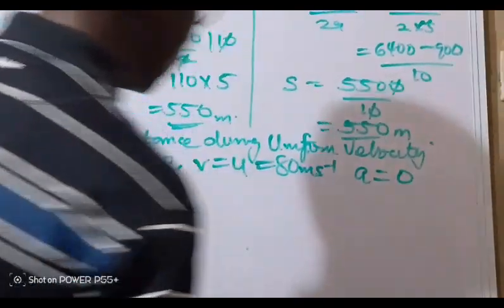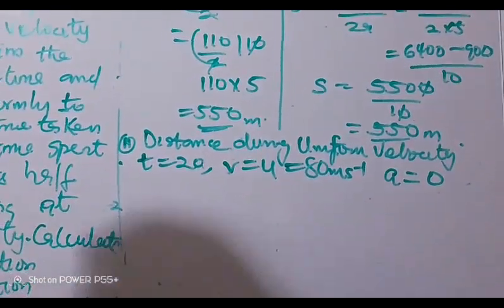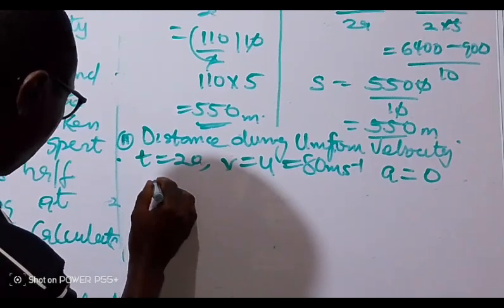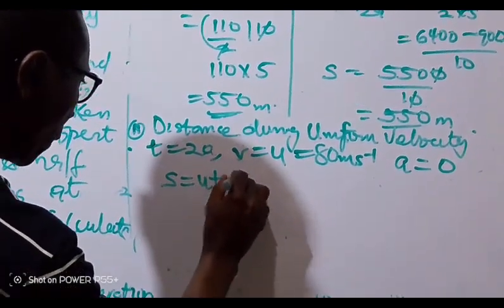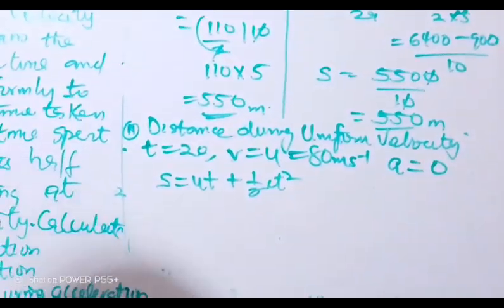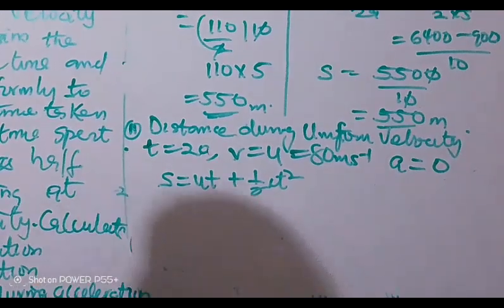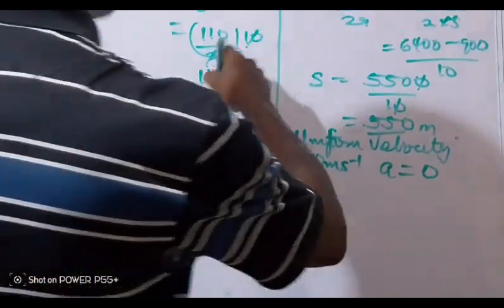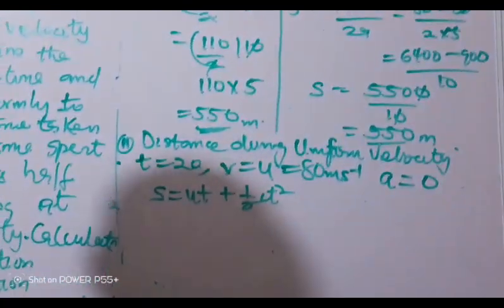So which formula is suitable to solve this one now? Without wasting our time, S is equal to UT plus half AT squared. This is the only formula that we can use. If you try V squared is equal to U squared plus 2AS, we need distance.